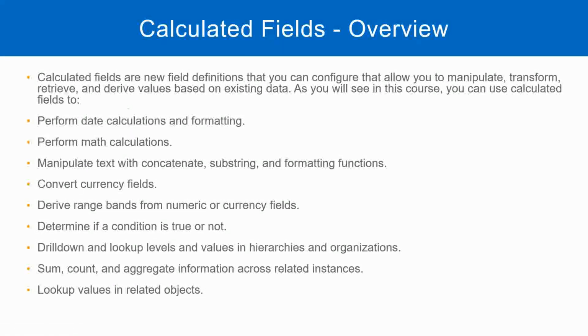Now, what can calculated fields do? Calculated fields are very powerful and help us do a lot of things, like perform date calculations and formatting. We can do date calculations, like the difference between two dates. We can add to a date and find out, let's say, 45 days from today.